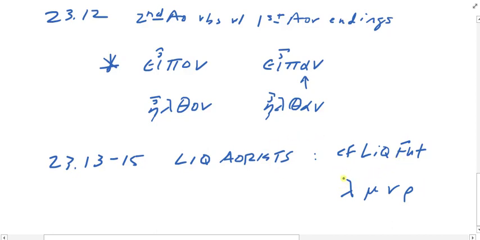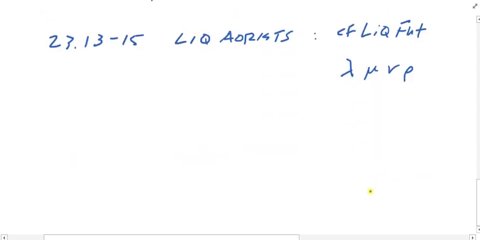Anyhow, what's the problem? Well, what did we see going on with these liquid consonants and liquid futures? What happened there? Okay, the tense formative was different for what reason? What do these liquid consonants have problems with? Yes, that's right. Liquids have problems with sigma, okay?